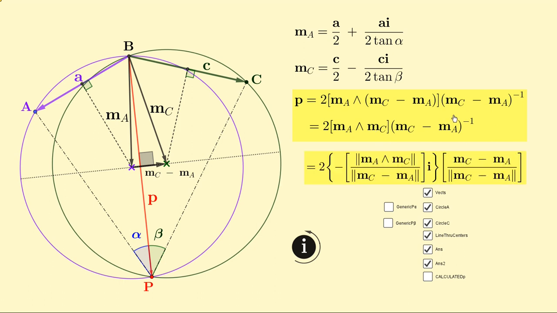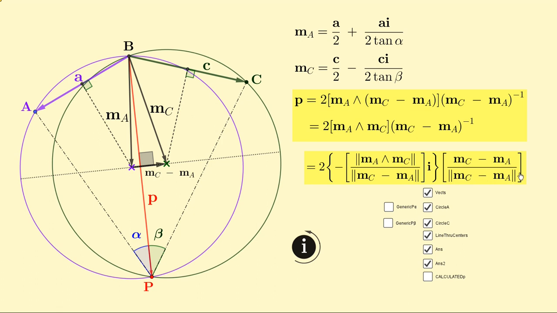So what have we done here? Well, the first thing we've done is recognize that MA wedged with MC is some scalar multiple, in fact the norm of that bivector, times the unit bivector for the plane. The next thing we've done is that the multiplicative inverse of MC minus MA is again MC minus MA itself divided by the square of the norm of that same vector.